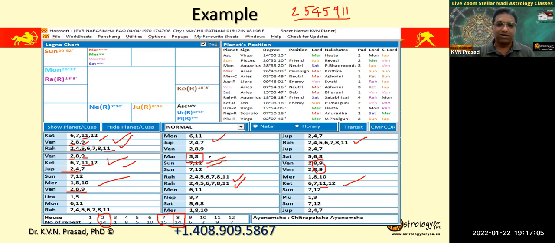Then Mars, I have to activate 8th bhava. If this person activates the 8th bhava in a positive way, Mars is still doing its duty. Correct. So that is the crux of our whole system.